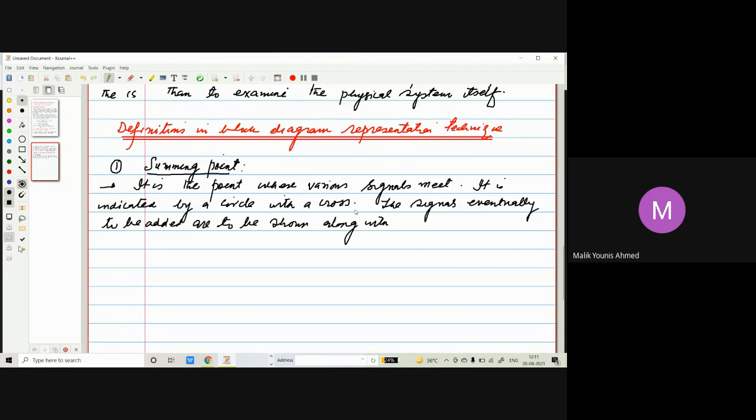Okay, the signals eventually to be added are to be shown along with what? Along with the plus sign.